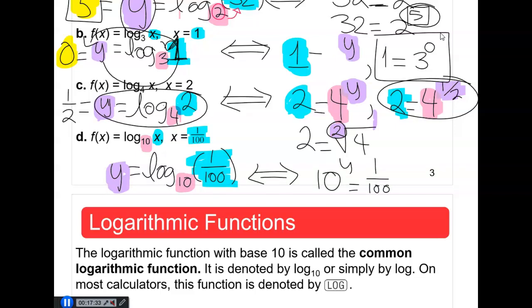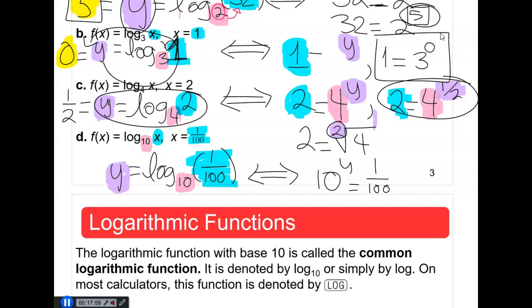So to what power do we need to raise 10 so that we get 1 over 100? Now this one's a little tricky because our answer is going to be negative. And I say negative because 100 is clearly a power of 10, but it's the reciprocal of 100, so it's actually 1 over 100.